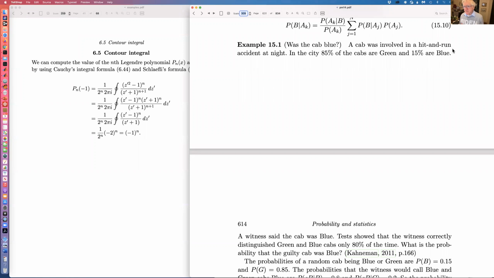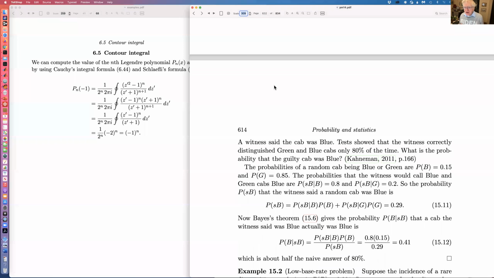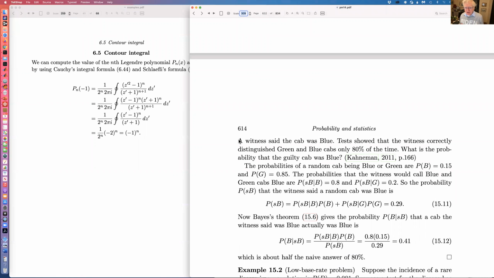So a cab was involved in a hit and run accident at night. In the city, 85% of the cabs are green, cab meaning taxi cab, and 15% are blue. A witness said the cab was blue. Tests showed that the witness correctly distinguished green and blue cabs only 80% of the time.